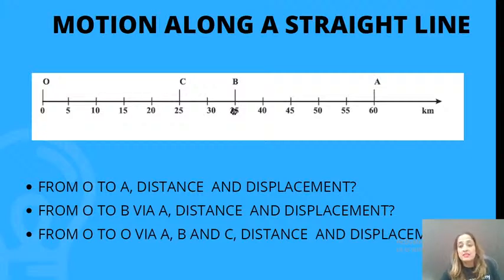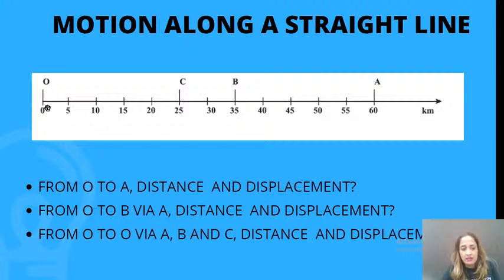And then what is displacement? It doesn't matter at how many places it is stopping or going, what route it is taking. Yes, Niti, you're absolutely right. Whatever is the shortest distance between the point of origin and the final position is called displacement.